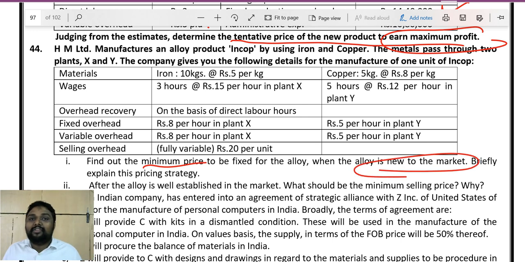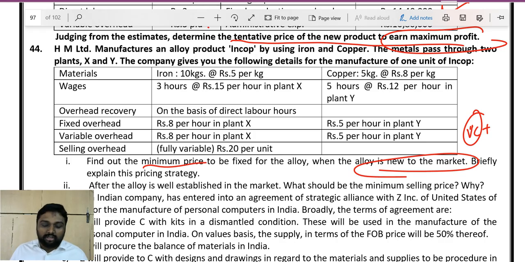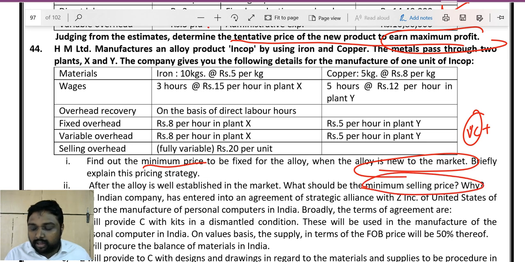So we have discussed the pricing theory. Generally, when you are new to the market, we can charge a high price. We'll go with penetration pricing. So our pricing policy will be variable cost plus margin, or equal to variable cost. So the minimum price will be the variable cost, that is our production cost. After the alloy is established, the minimum price will be variable cost plus fixed cost.